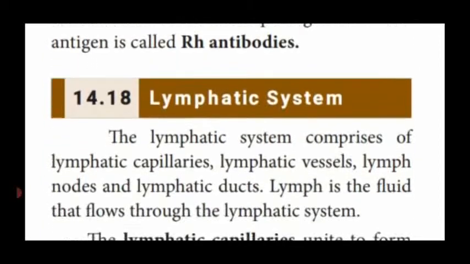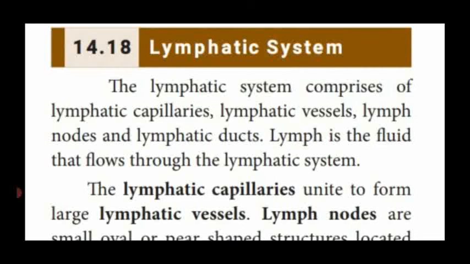Next, we are going to see the lymphatic system. The lymphatic system is another liquid system which transports fluid. The lymphatic system consists of lymphatic capillaries, lymphatic vessels, lymph nodes and lymphatic ducts.